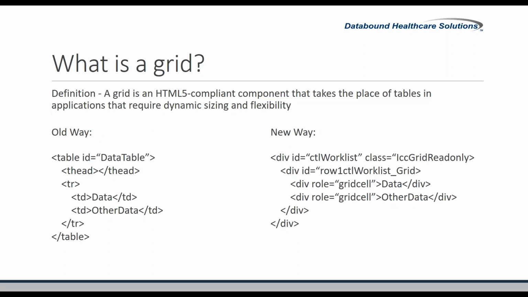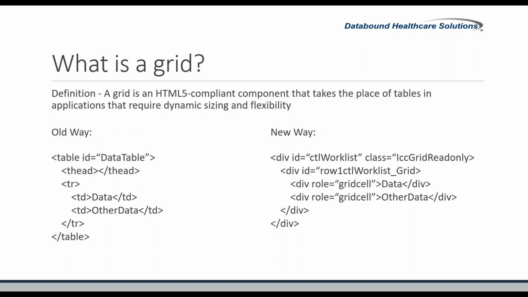They have certain properties that make them easier for us to work with. You'll see things like a work list, CTL work list, or row 1, and inside the rows are what we call grid cells. We'll get into what this means and what it looks like as far as scripts are concerned. There are several layers to it, but it has a similar kind of structure.